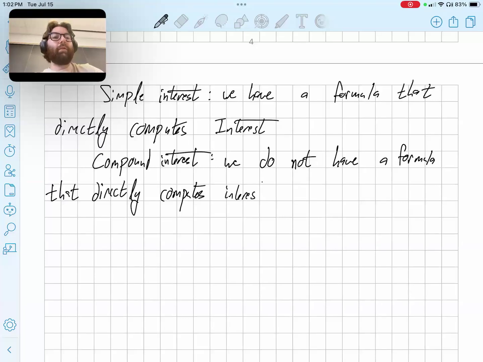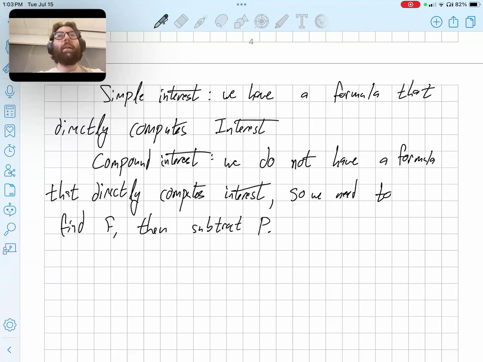So we need to find F, our future value, then subtract P. Okay, and so for bonds always use simple interest, so we could do it there. For compound interest, so our savings accounts, they were compound, and so we had to find F first. That's going to be all for this video.